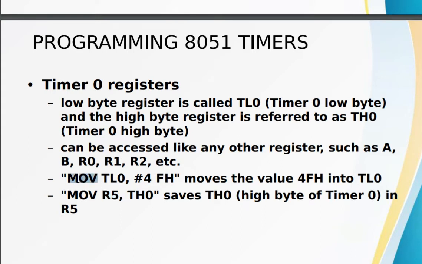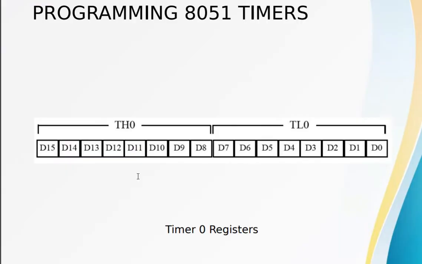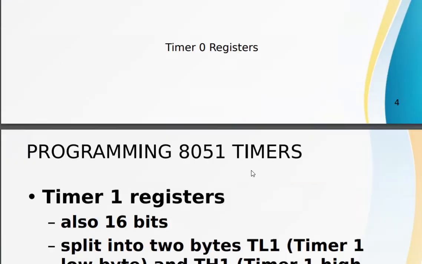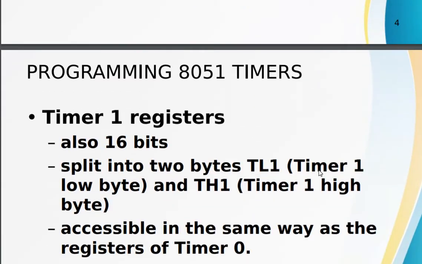Using the MOV command, you can save the value as per your desire. So this is timer 0, with TH the high byte and TL the low byte.